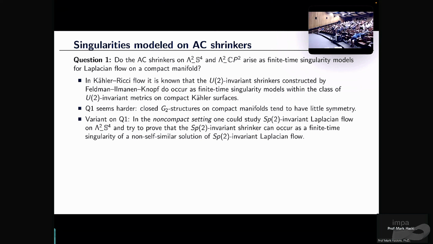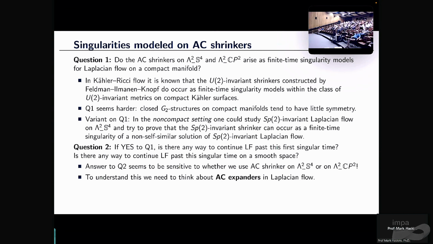If I stick to the non-compact world and continue with the same symmetries, can I at least find solutions to Laplacian flow on the same space that are not themselves solitons, shrinkers, but which develop singularities modeled on those? In that case, you can hope to use barrier methods to try to control things.